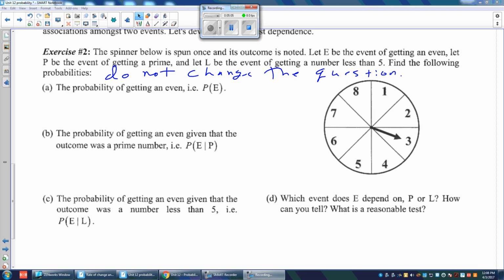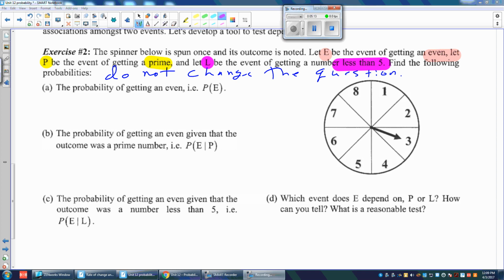E is even. P is prime. L is less than 5. Find the following probabilities. The probability of getting an even number.